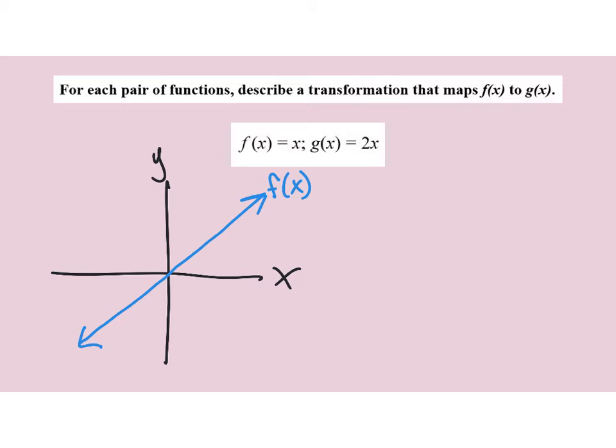So our slope changed from 1 to 2. So this line got more steep. So it got steeper. Let me change colors here. It got steeper. So when I go to graph my new line, I'm being a little bit generous here. It's not that much steeper, but I want you to have the visual.